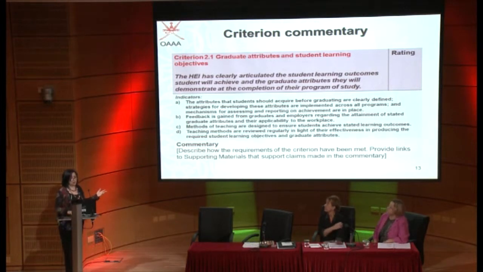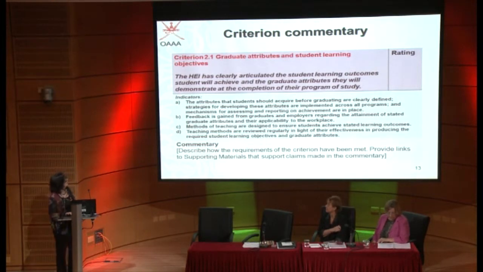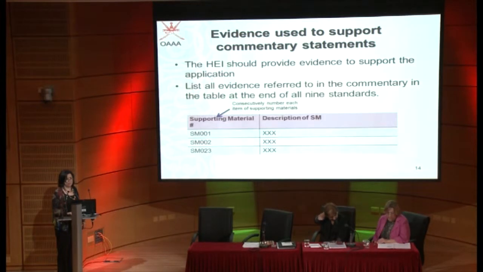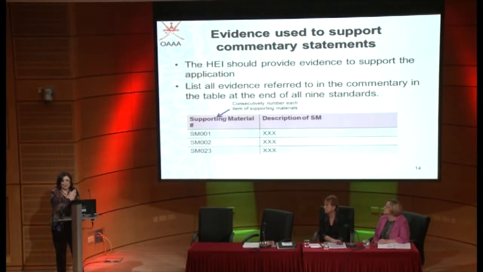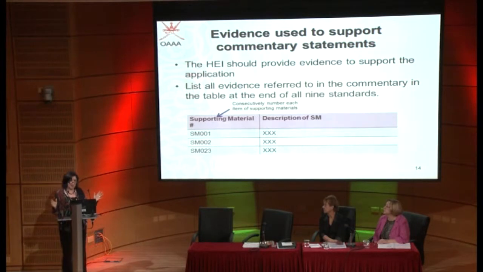Institution. This is what a criterion and its indicators look like. So this is criterion 2.1 for graduate attributes, and the indicators give guidance on how that criterion can be met. The evidence should be listed and systematically presented, and the numbering should be consecutive throughout the whole application rather than standard by standard.